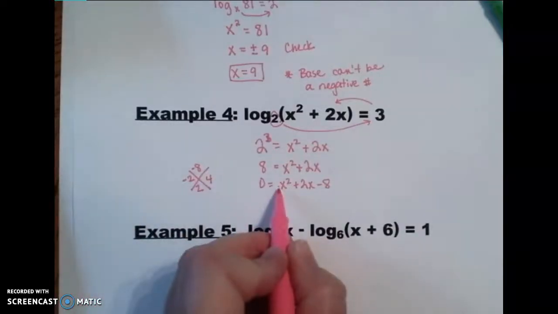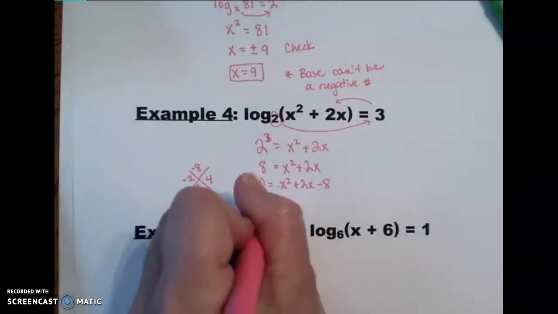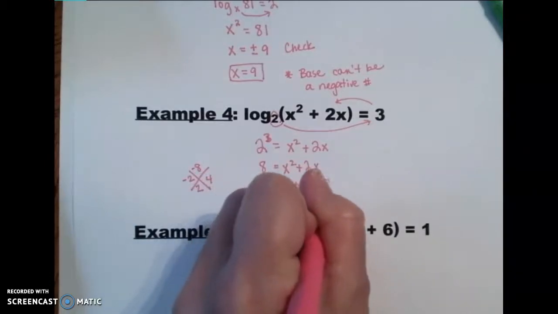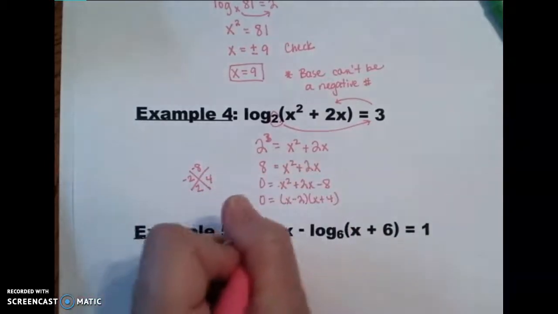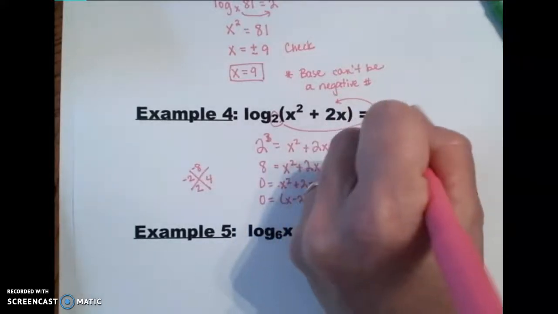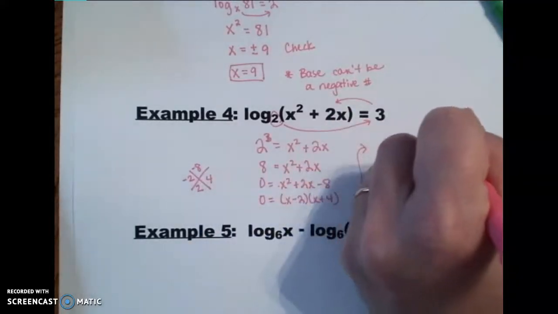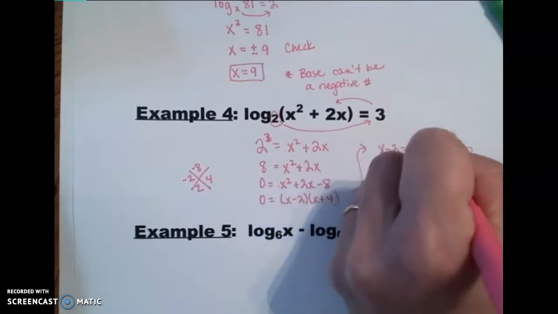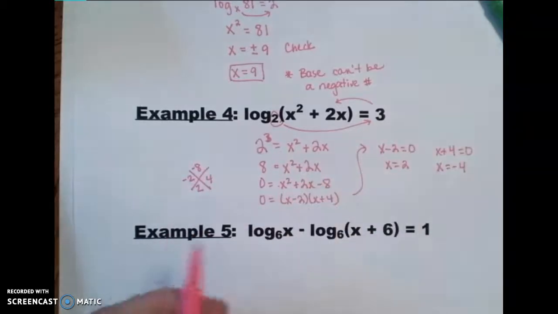My A value is 1, so I can go straight to my shortcut. So we'll have x minus 2, x plus 4. So when we set each piece equal to 0, this is going to give me x equals 2, and this is going to give me x equals negative 4.